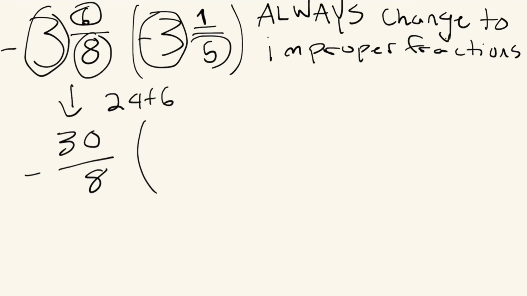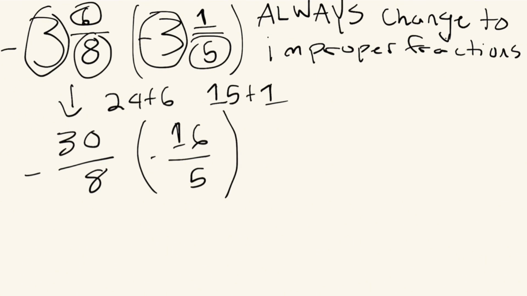And then 3 times 5 is 15, plus 1 is 16. And then we just keep our denominator, which is 5, and we just keep it negative because it's been a negative. So there's no reason to change it. So now we have -30 over 8 times -16 over 5.